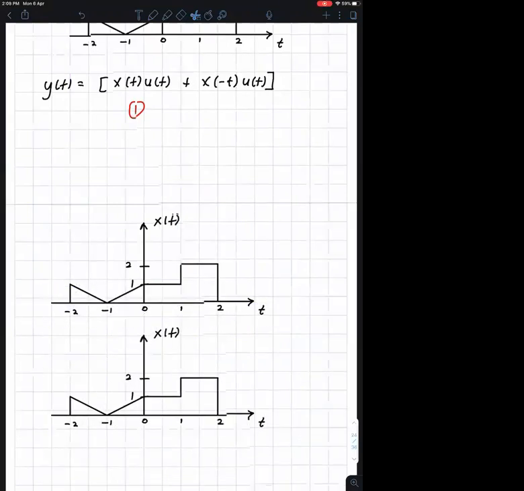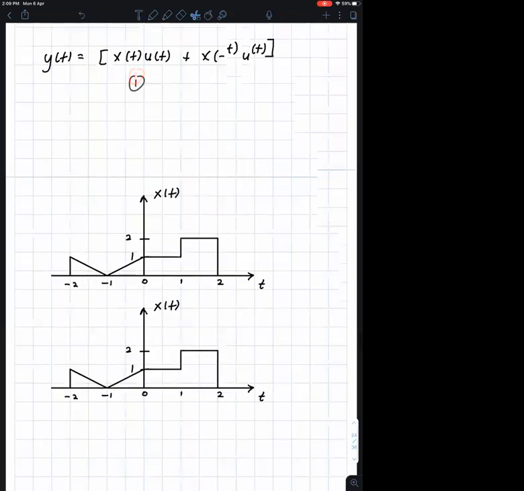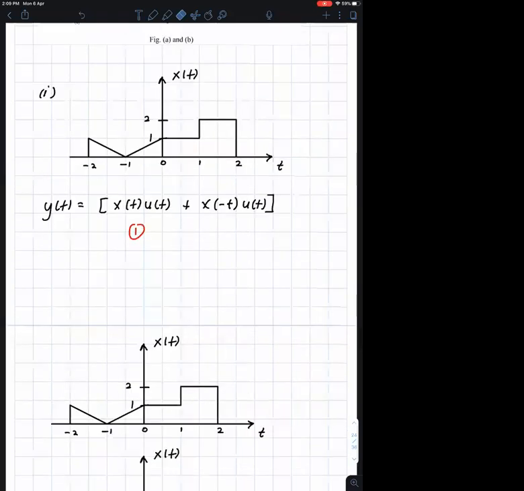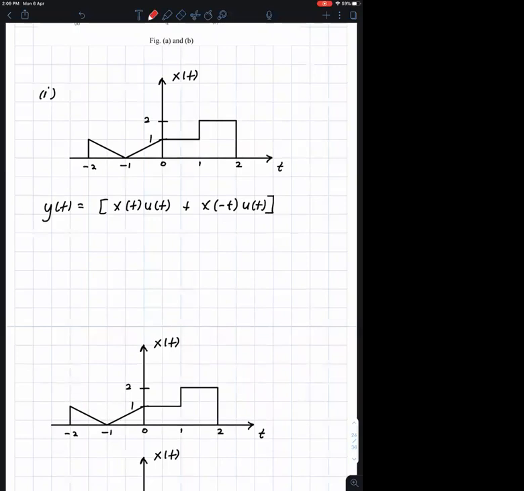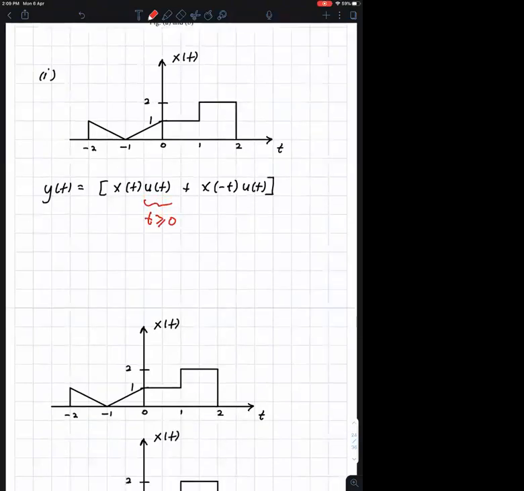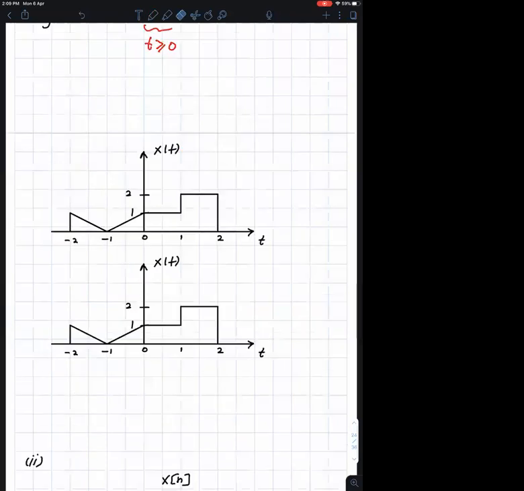What does u(t) mean? What u(t) is telling you is that t is greater than or equal to 0. That's all it's telling you. So it's just telling you all this is gone. For t, this is x(t)u(t).